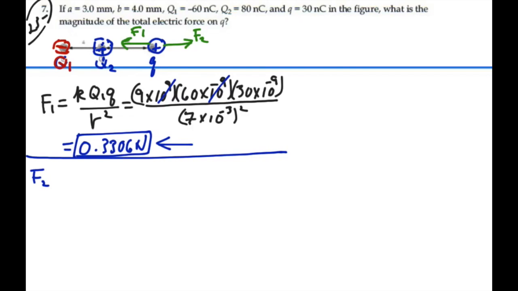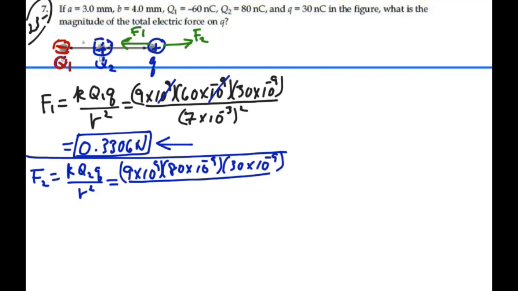F2 is equal to K Q2 little q over the distance between them squared. And that is 9 times 10 to the 9. Q2 is 80 nanocoulombs. Little q is 30 nanocoulombs.